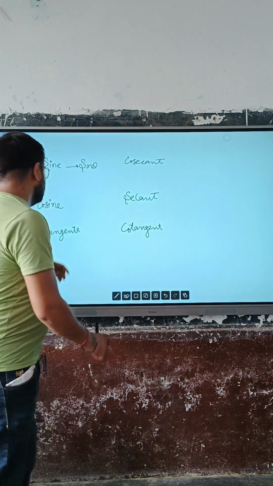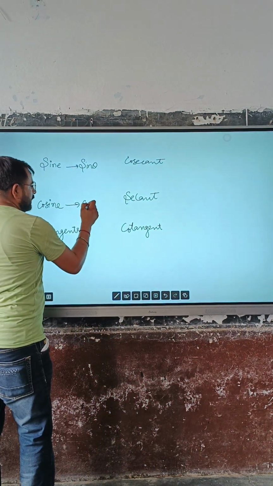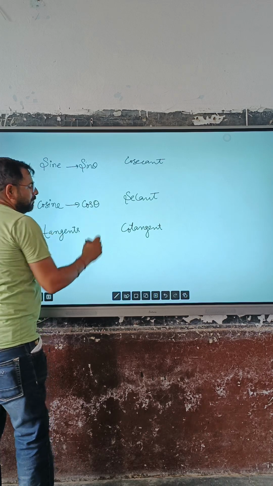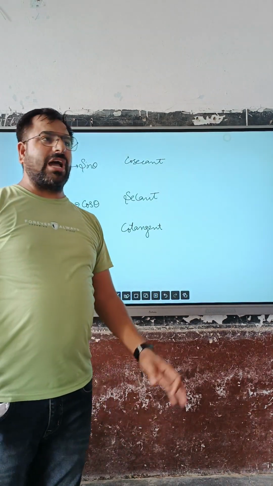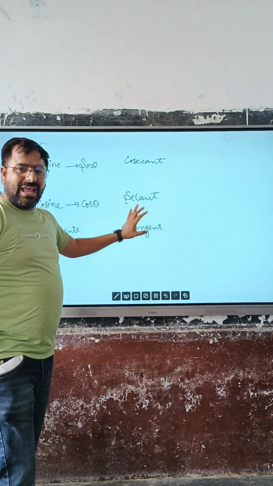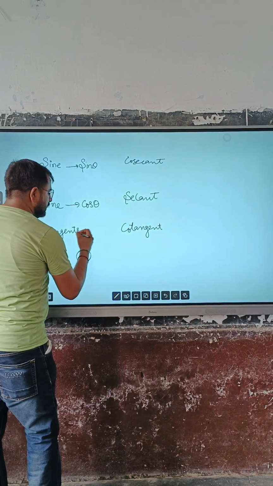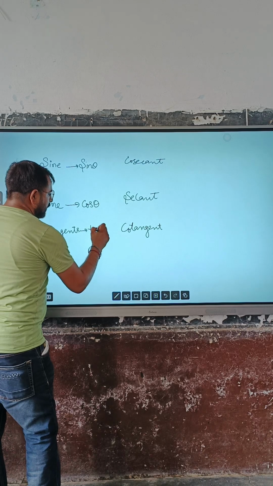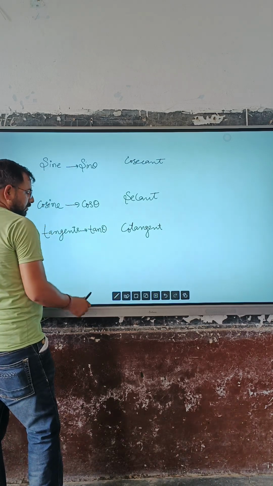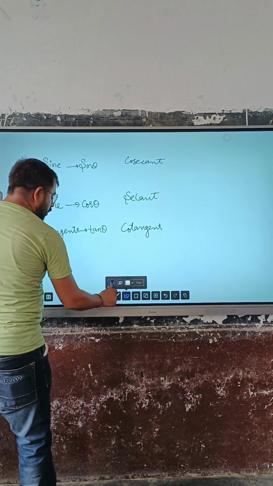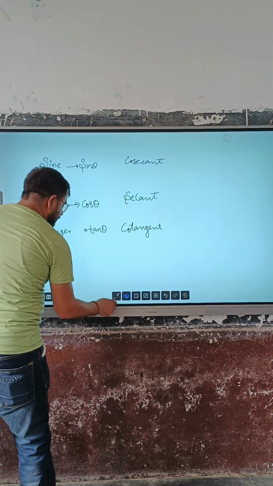No, the actual word is sin theta, and cosine is represented as cos of angle. When the angle is there, cosine becomes cos theta, and tangent is represented as tan theta. It's tangent.